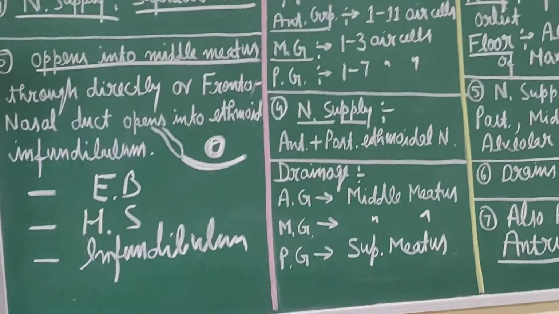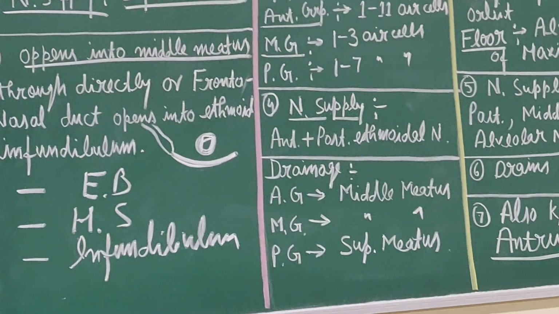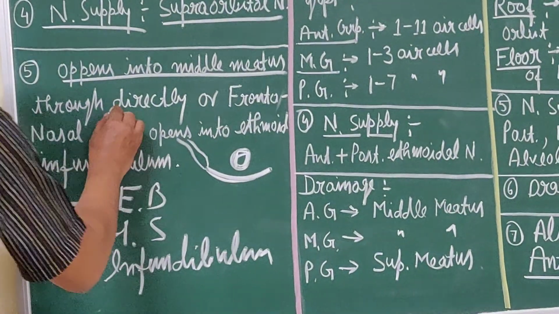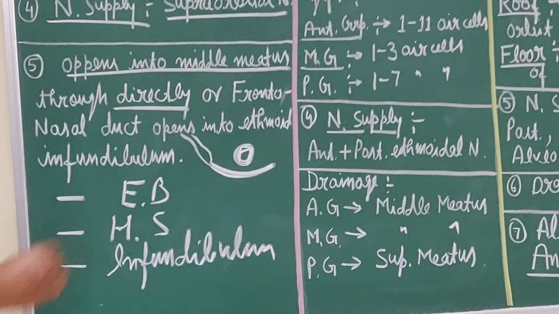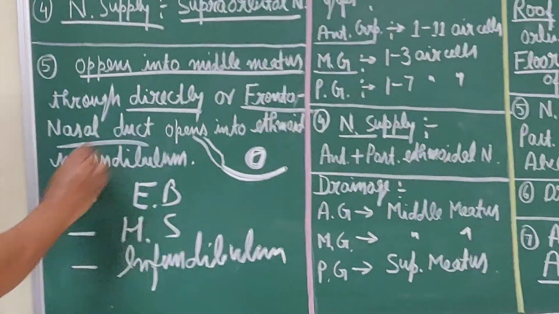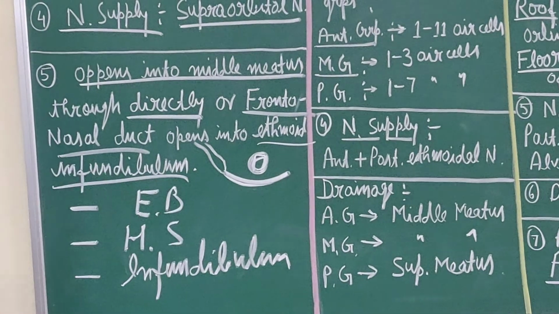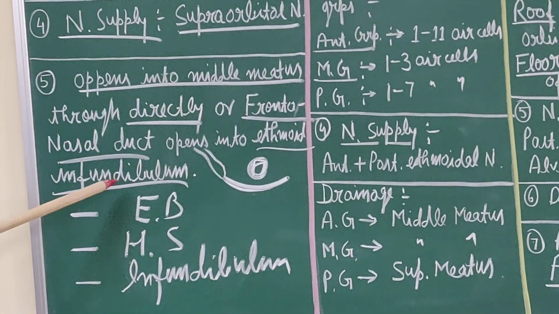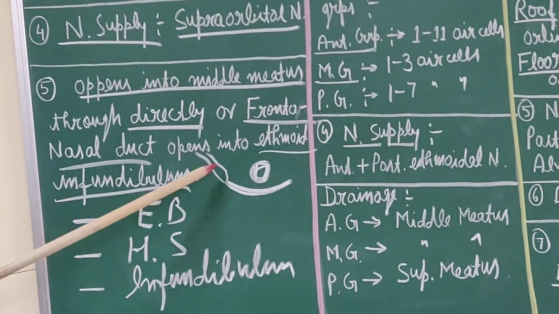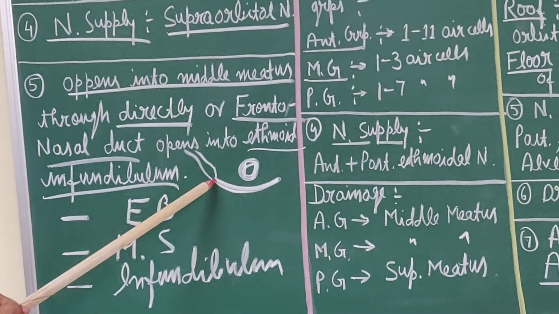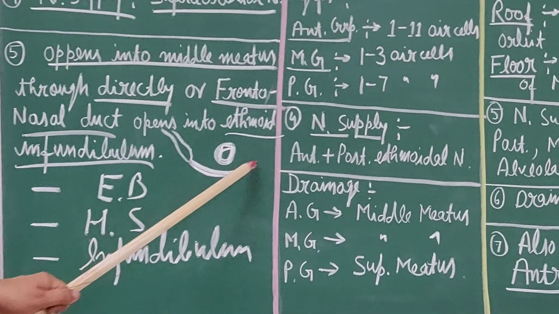So this frontal sinus, either directly or through the frontonasal duct, opens into the ethmoidal infundibulum, and through this infundibulum it opens into the anterior end of the hiatus semilunaris.